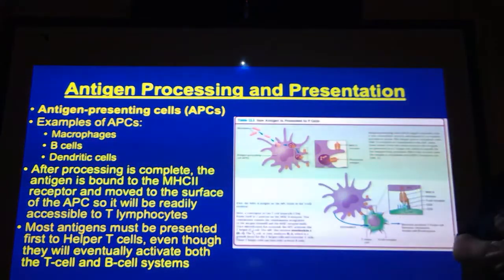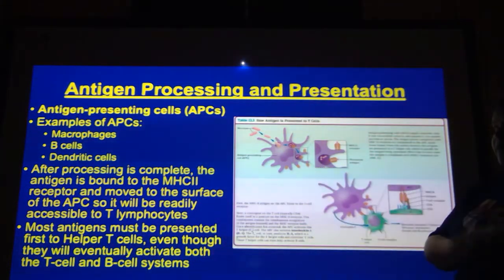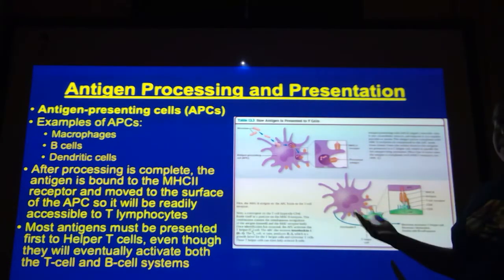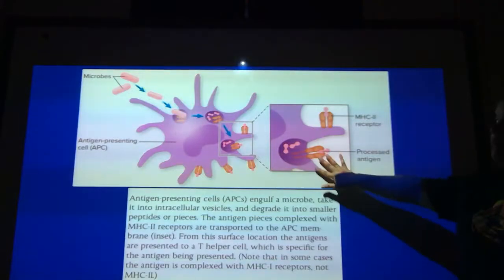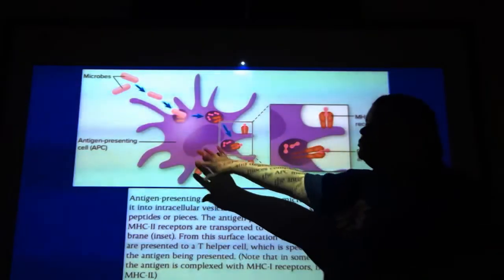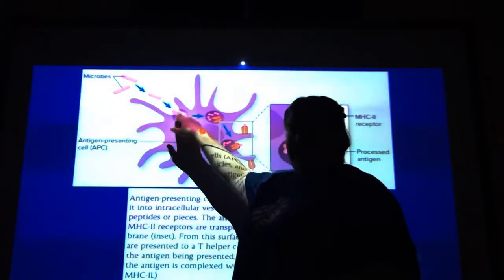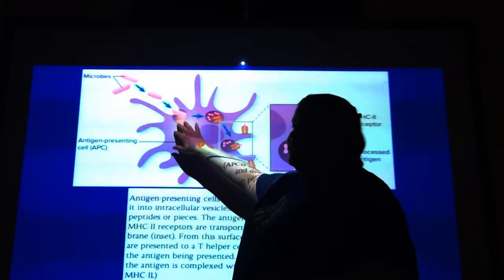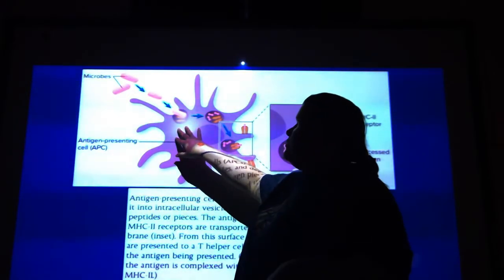After the processing is complete inside of my antigen presenting cell, I'm going to blow this up so we can see it better. So here's my antigen presenting cell eating a microbe. I break it apart. We talked about this with phagocytosis.